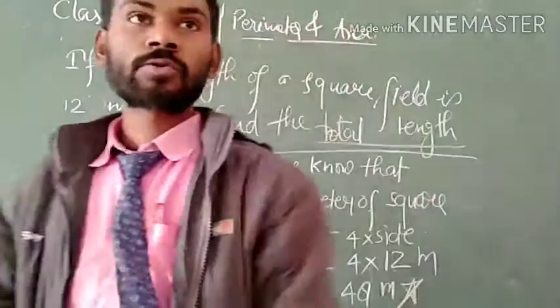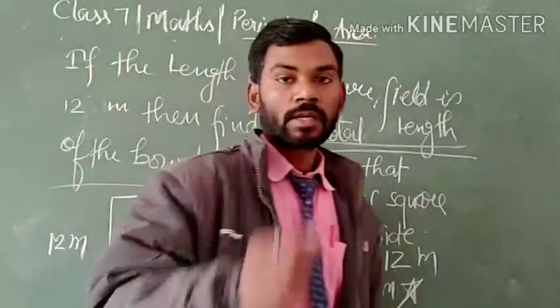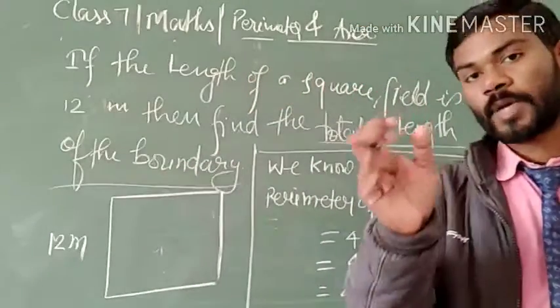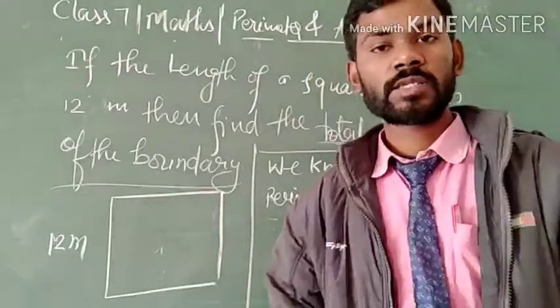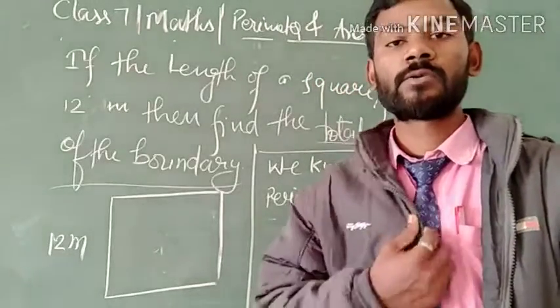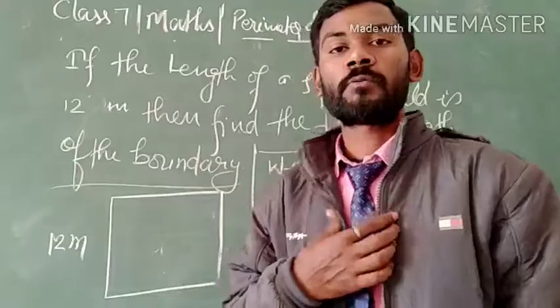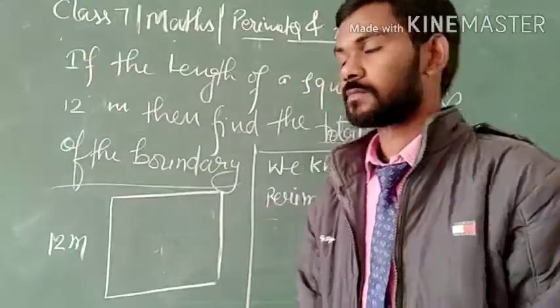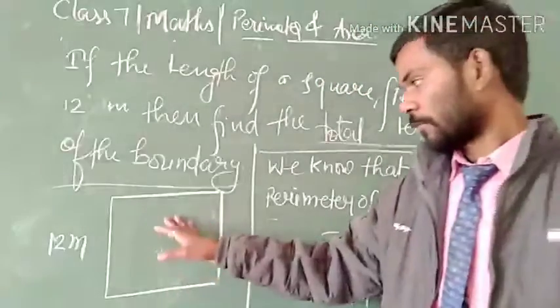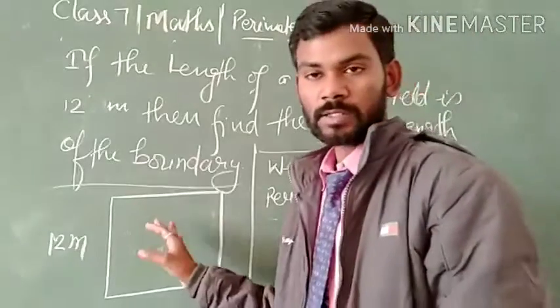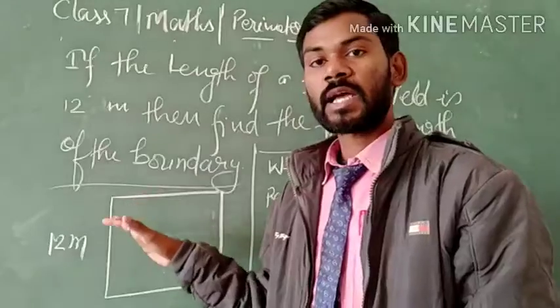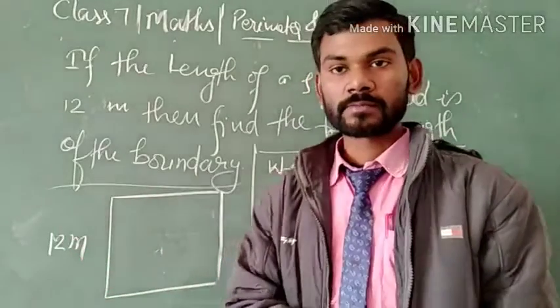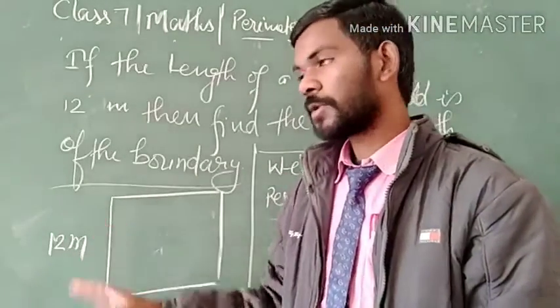As we know that the total length of the boundary is known as perimeter. Therefore, in this question, we have to find out the perimeter of a square. The figure represents a square, and 12 meter is the length of side of square.